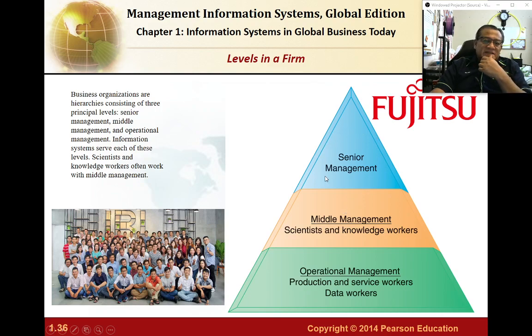And of course, this is top management, and normally they use very specific applications of IT systems, for example, executive information system or decision support system, DSS. Those are basically categories of IT in the whole business organization. For example, just like Fujitsu.